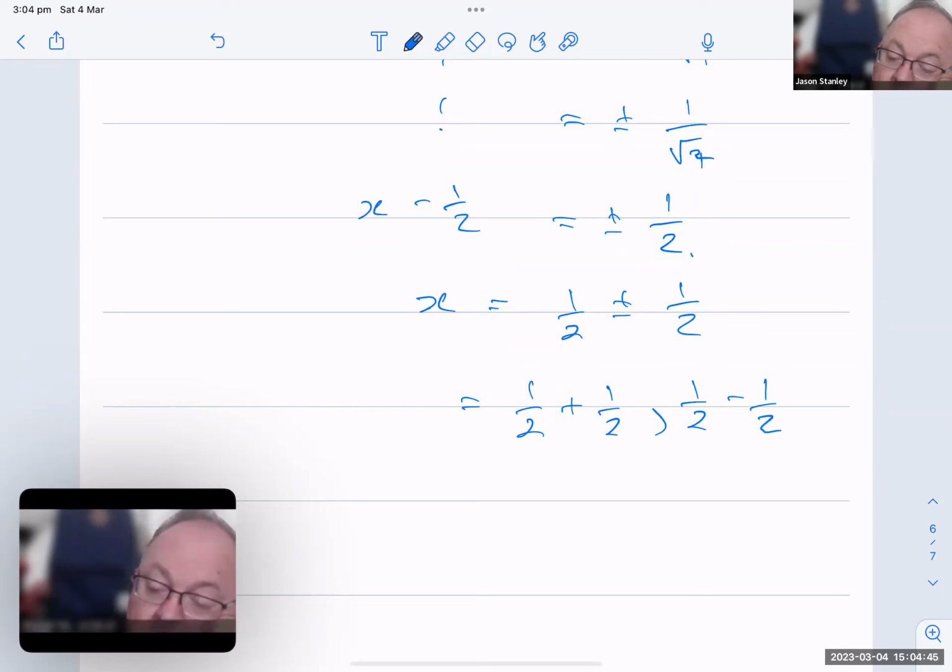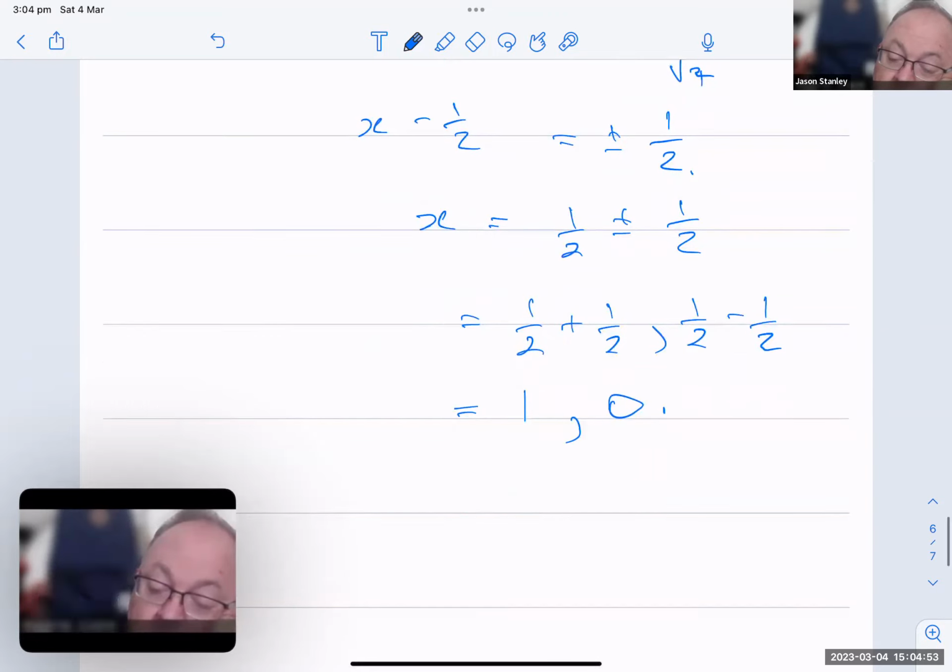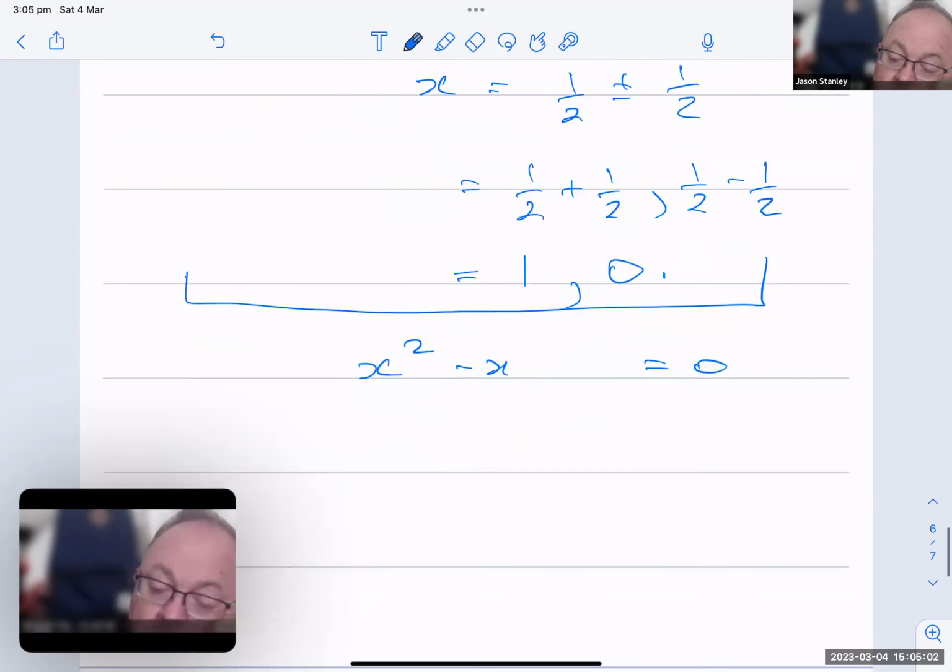Oh, look at that. That's an unusual, unexpected. A half plus a half is 1. A half minus a half is 0. Now, the factorising pundits would have said to you, assign it to 0, take out a factor. When is that true? Okay, when is it true?